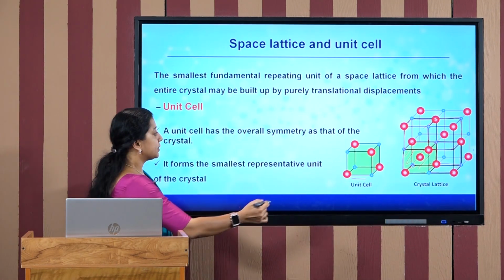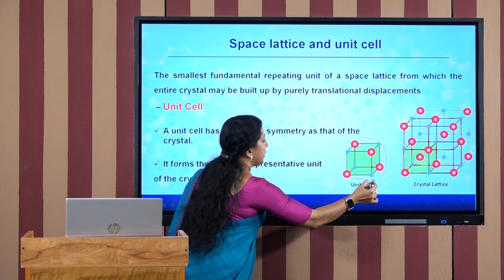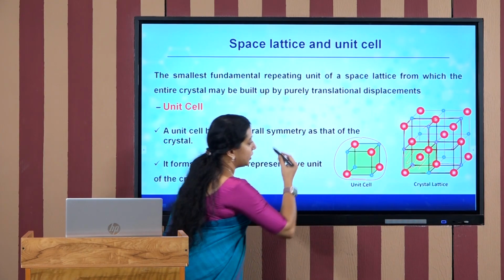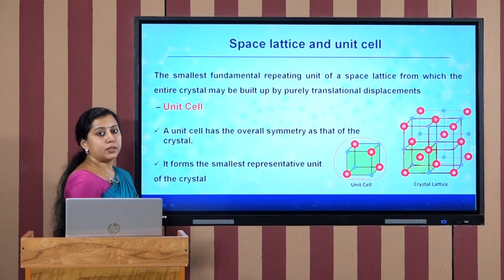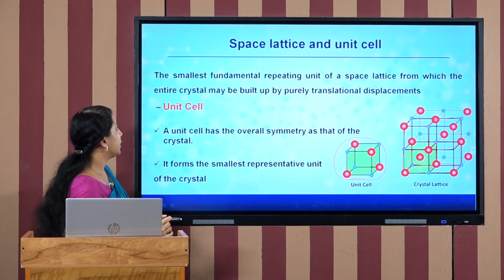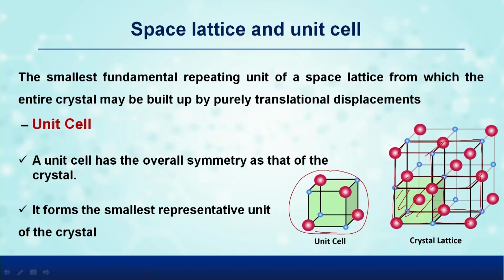So, this cube is called a unit cell. So, what is a unit cell? It is the smallest fundamental repeating unit of a space lattice from which the entire crystal may be built up by purely translational displacements, and that is called a unit cell.